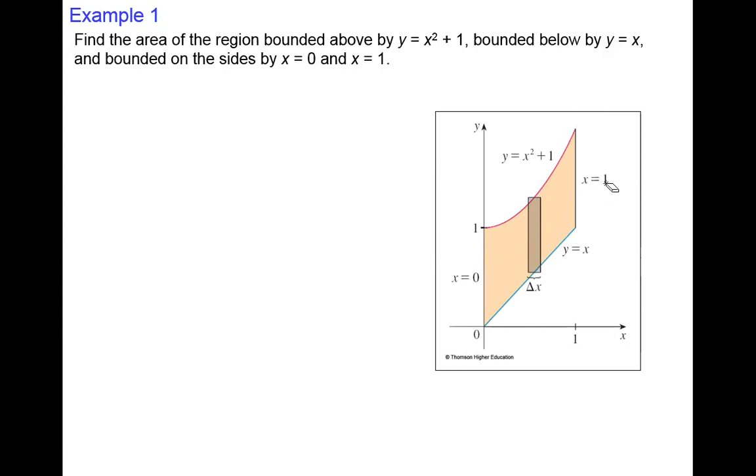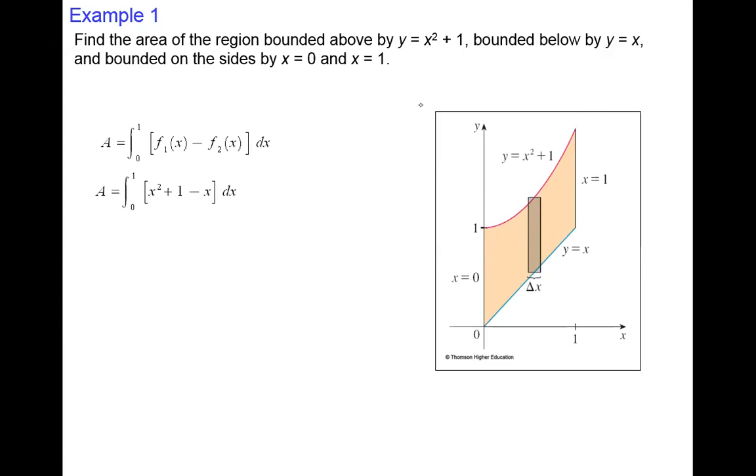We have a blue line, which is y equals x, and the limits from 0 to 1. This is simply a definite integral from 0 to 1, the top curve minus the bottom one. The top one is the parabola, x squared plus 1 minus x, dx.